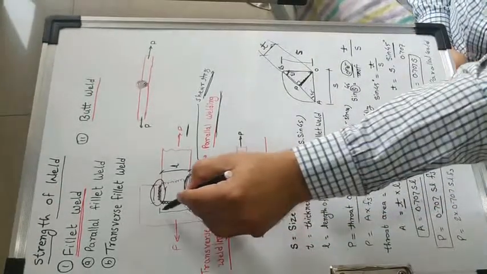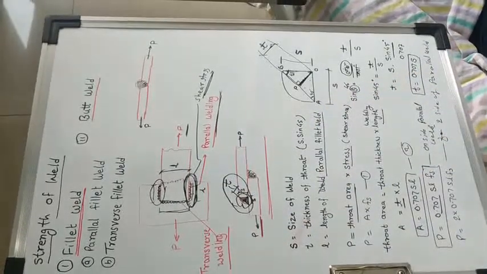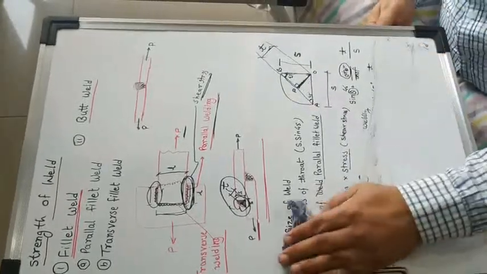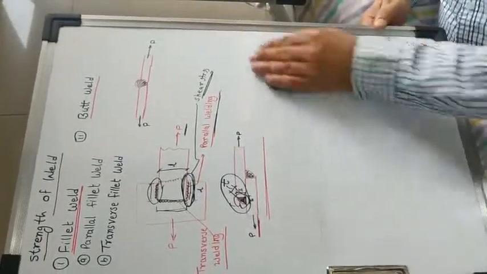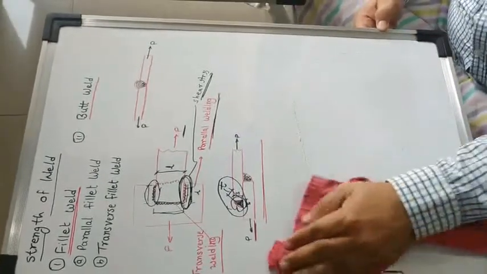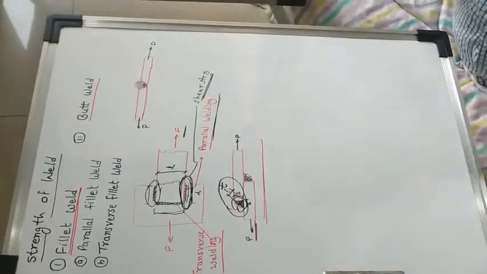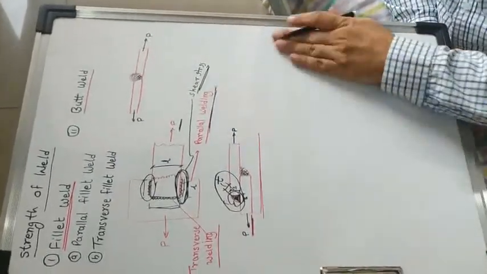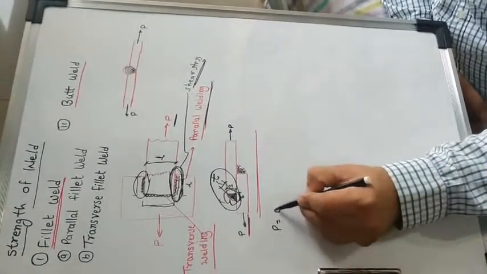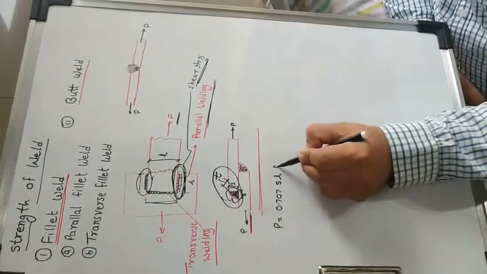Now we will go for the transverse weld. So first I just erase this. Now transverse is similar to parallel. So P is equal to 0.707 SL and Fs.